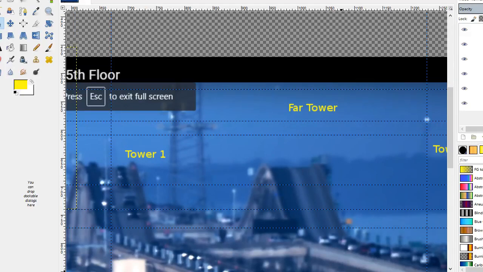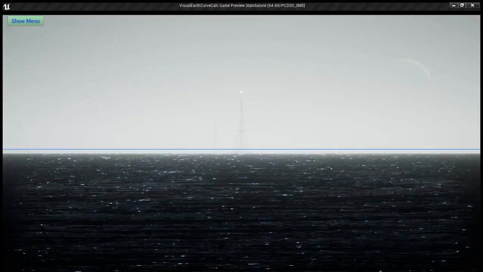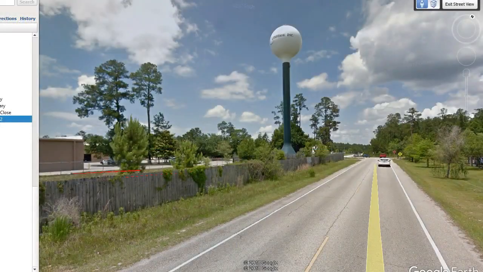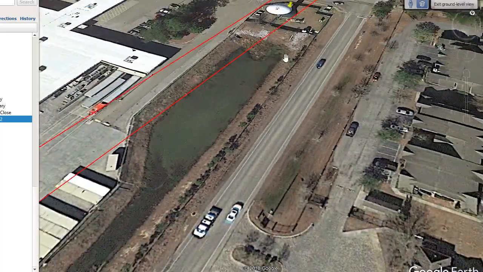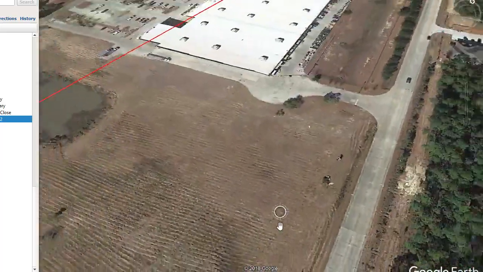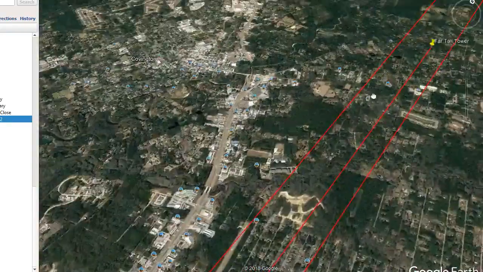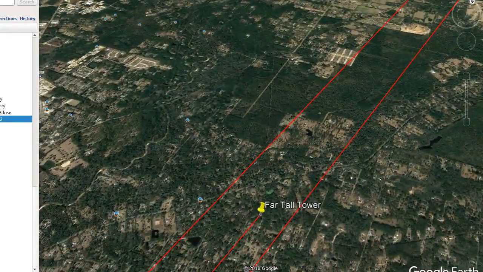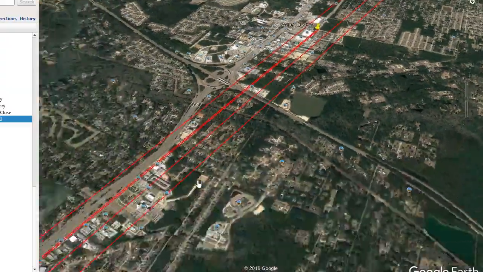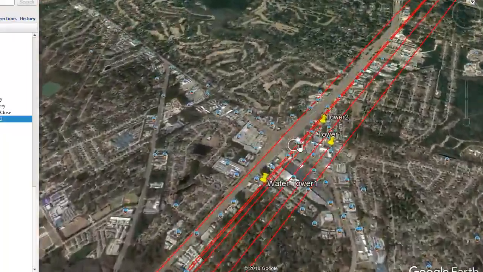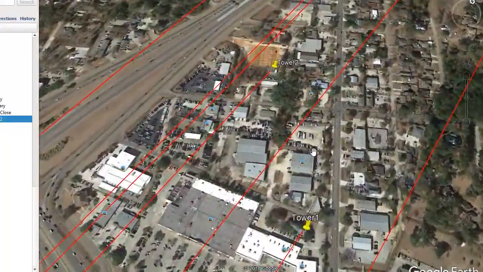And I guess I better show those now too. So those are, go back to that, Tower 1 and Tower 2.